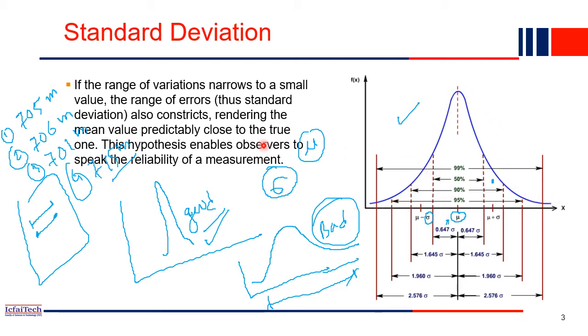For example, here out of 100 readings, almost 50 or 60 readings will be near the mean value. Maybe 705 is the mean value. So near the mean value you will get almost 50-60%. Some values will be very extreme high, but that number will be very small. For example, 715 is very high compared to 705, right?